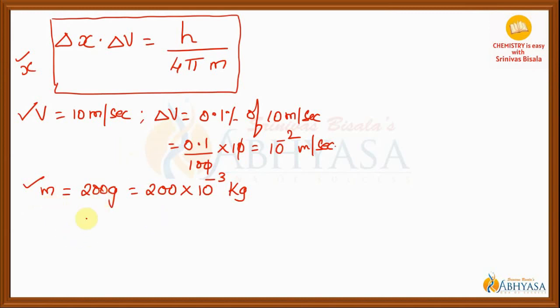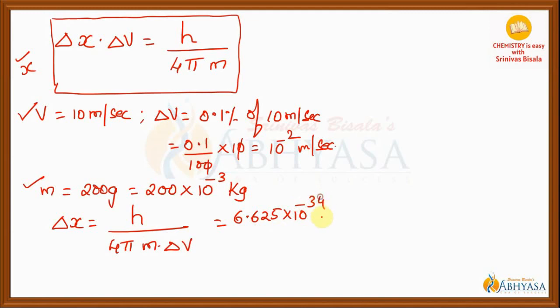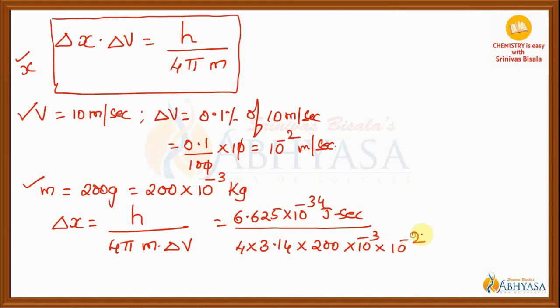After substituting, we need to calculate delta x. So delta x is equal to h upon 4 pi m into delta v, and h is 6.625 into 10 to the power of minus 34 joule second in SI system, and 4 pi, where pi is 3.14, mass is 200 into 10 to the power of minus 3, and delta v is 10 power minus 2.